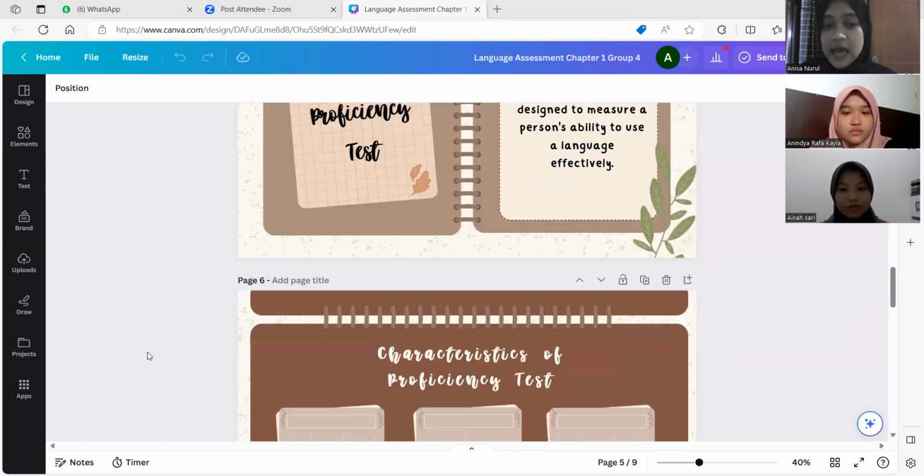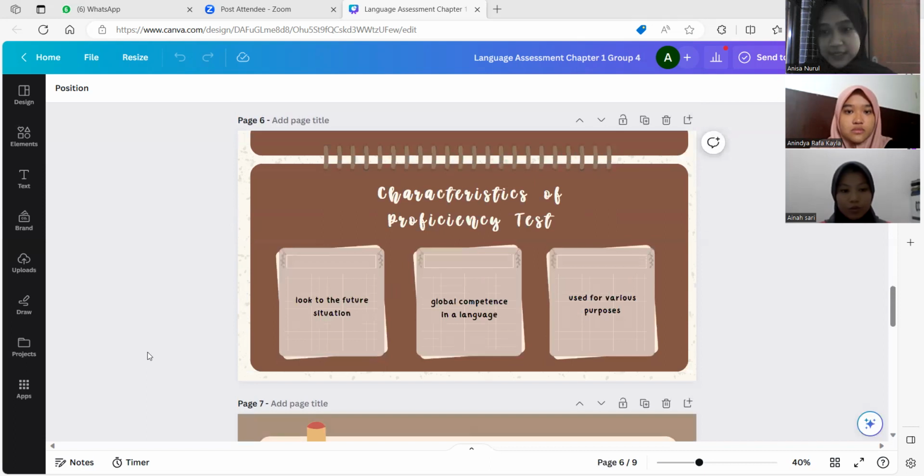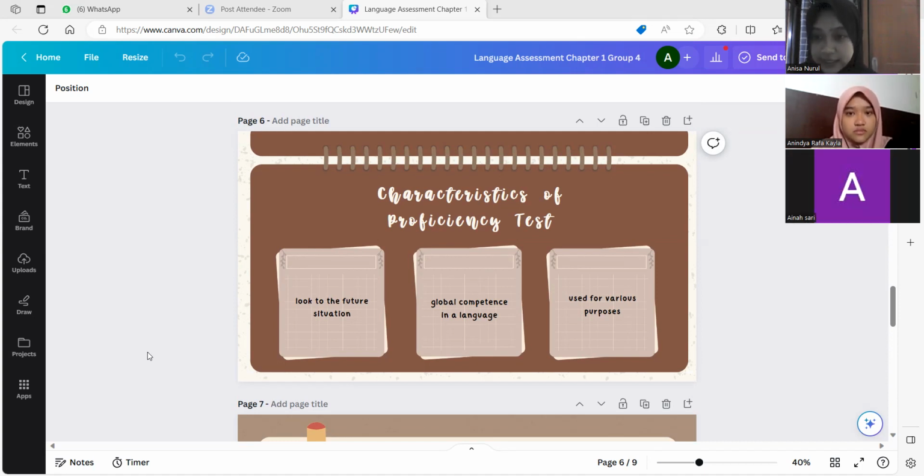And in this test, there are characteristics. The first is looking to the future situations, which means previously we have learned about achievement test. So achievement test is related to the past, in that it measures what learners have learned as a result of teaching.